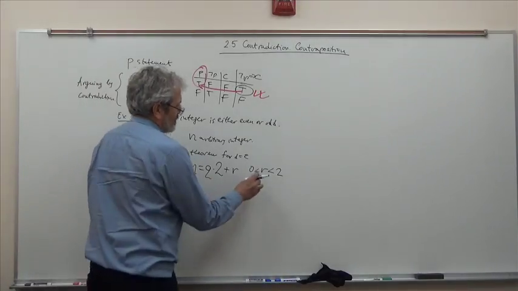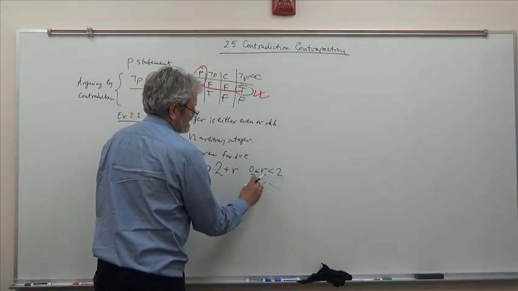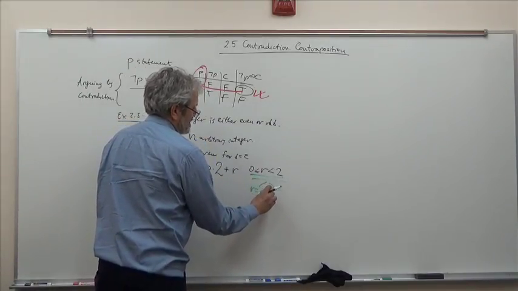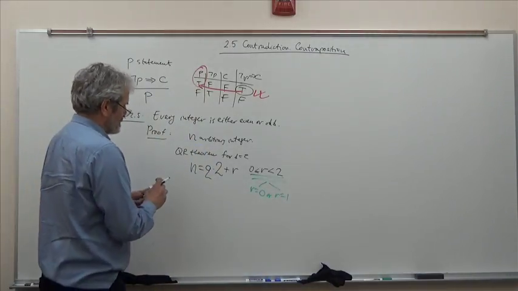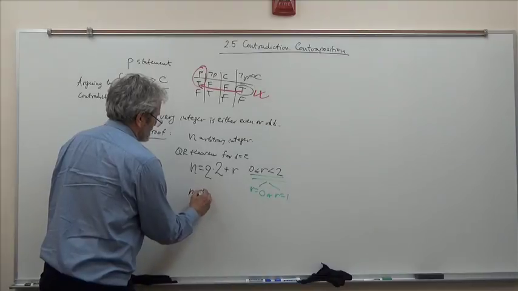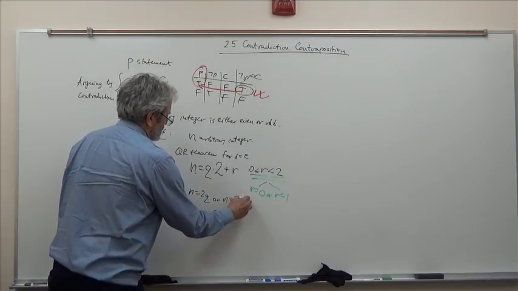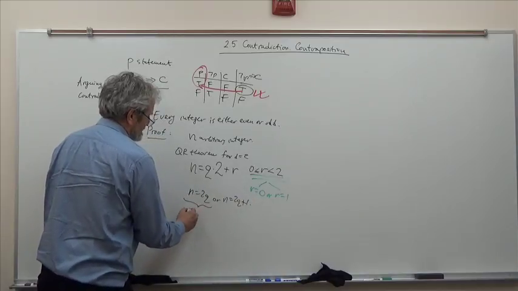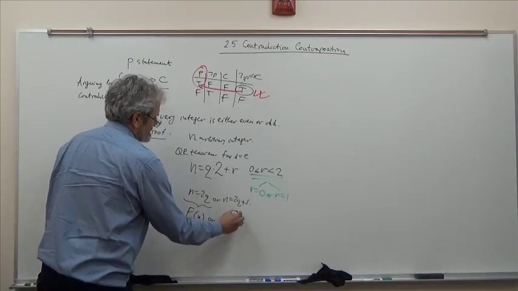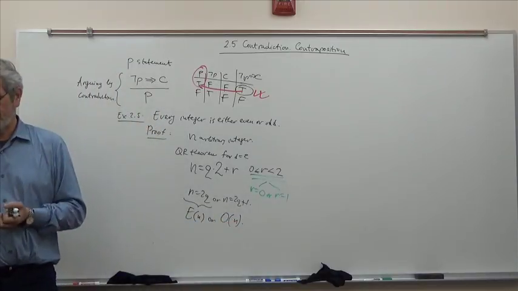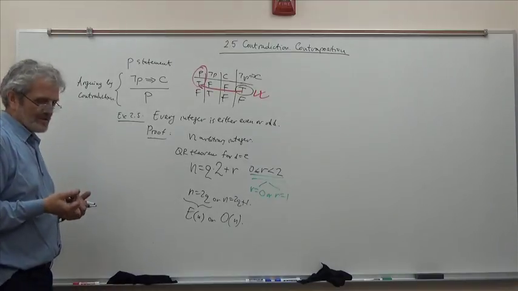But then, what are the integers between 0 and 2? This basically says that r is either 0 or 1. So n equals 2q or n equals 2q plus 1. That means n is even or n is odd. Very simple. We didn't need to argue here by contradiction. We actually called the old theorem.